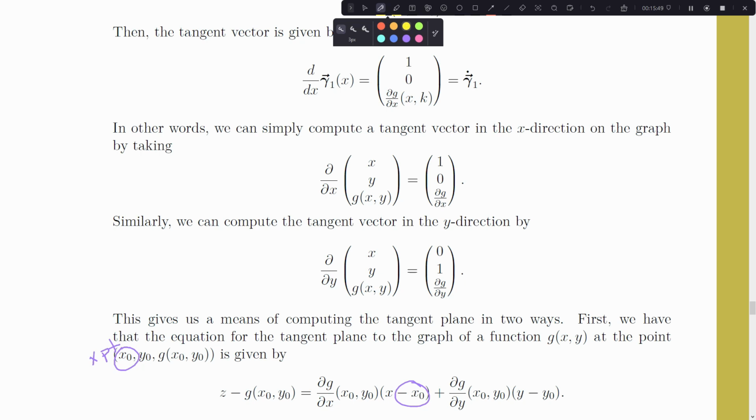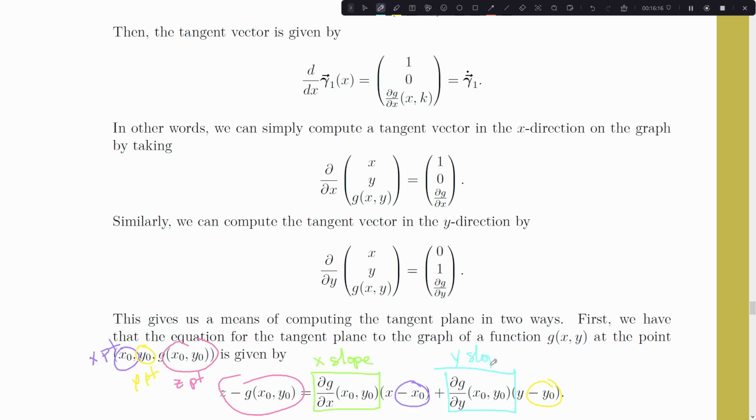The y point goes right there. The z point, which you'll recall is g evaluated at x and y, goes right there. And finally, I end up with my x slope and my y slope.